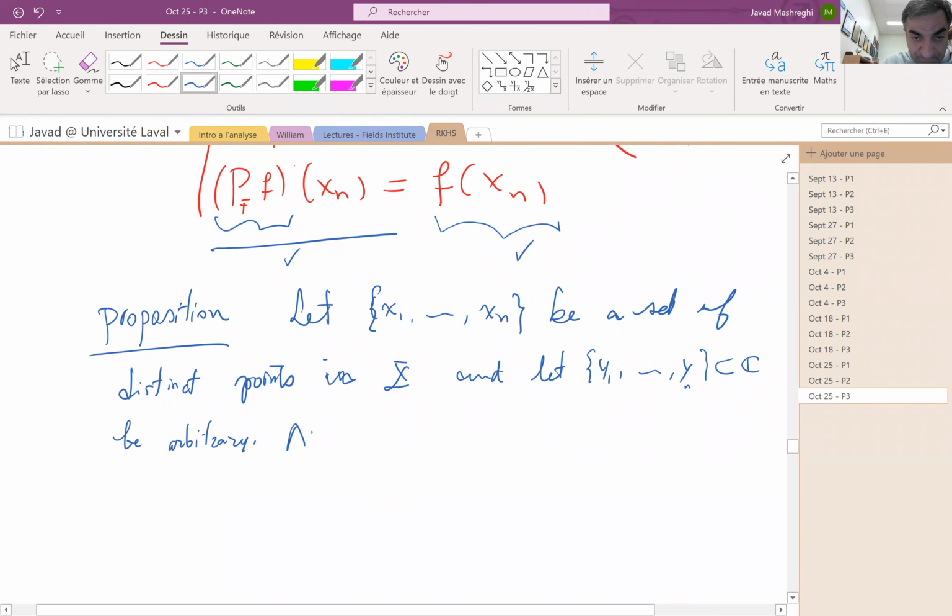Assume, and that's important, assume we can interpolate.